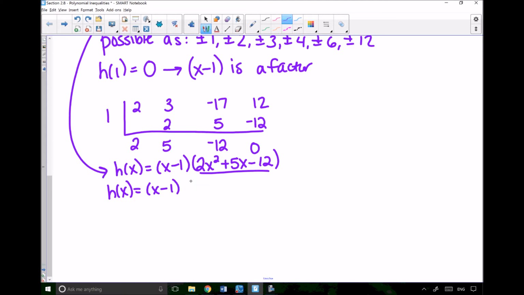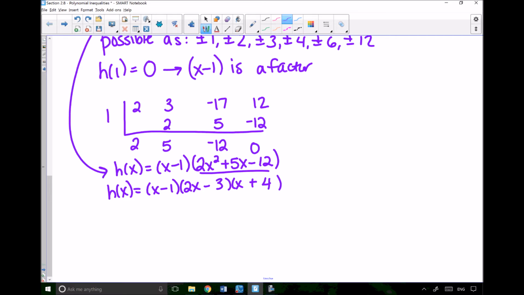I know it's going to have a 2x and an x, and these two pieces have to multiply out to give me 12. So I'm going to try a 3 here and a 4 here and see if that works. This gives me 3x, this gives me 8x. 3x and 8x can give me 5x if the 3x is negative and the 8x is positive, so that works out nicely. So I can say this is positive, and this is negative right here.